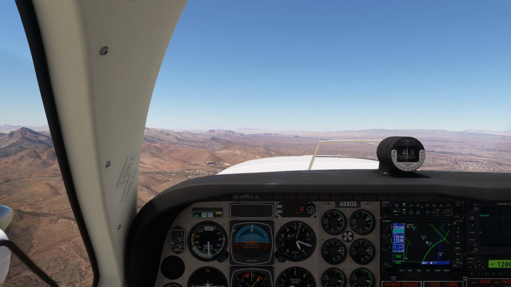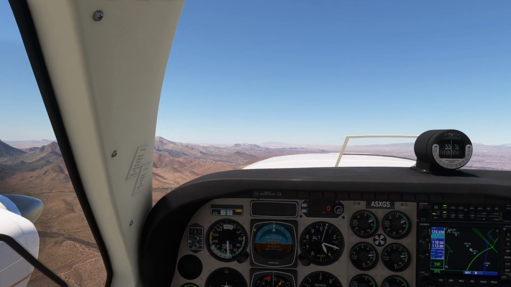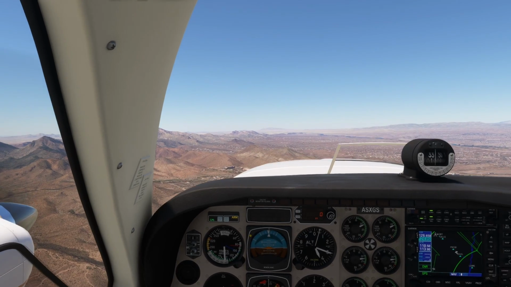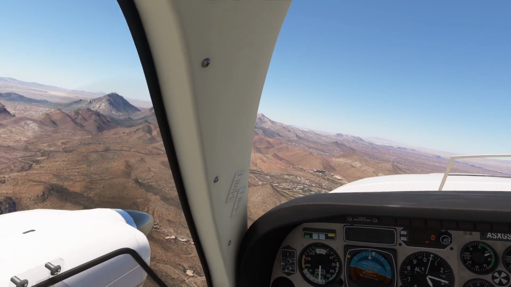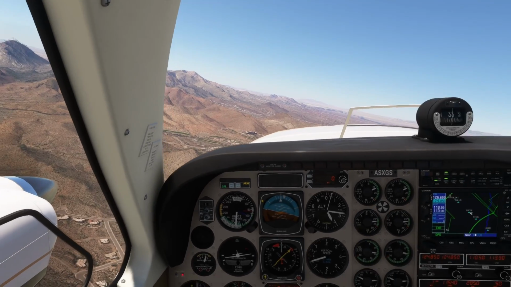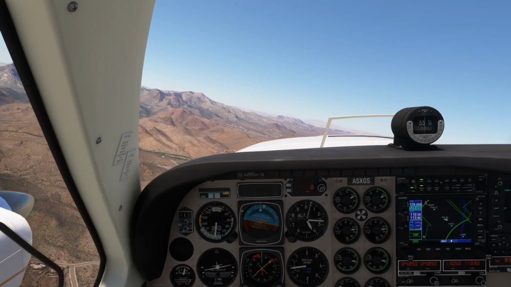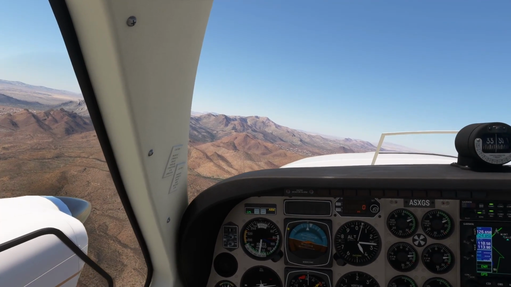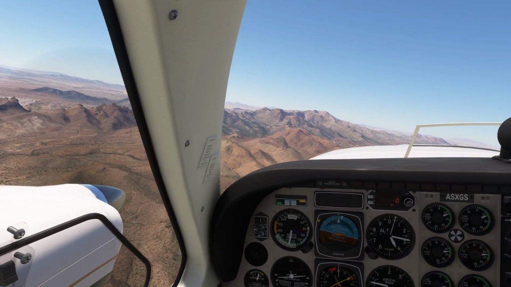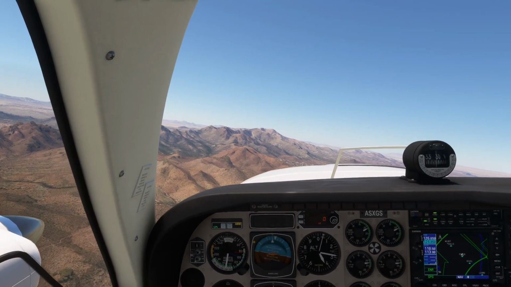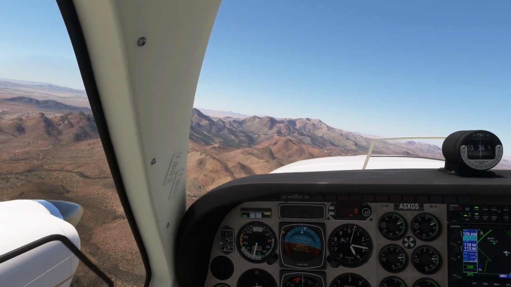This is one of the things I did mention in my previous video: we had to take the time to really dive into the settings within ActiveSky to get the most realistic experience. Okay, we're going to be showing that in the next chapter. Watch for it on the time bar, where I will show an ActiveSky turbulence comparison. Everything we're going to be talking about right now is in Microsoft Flight Simulator default.